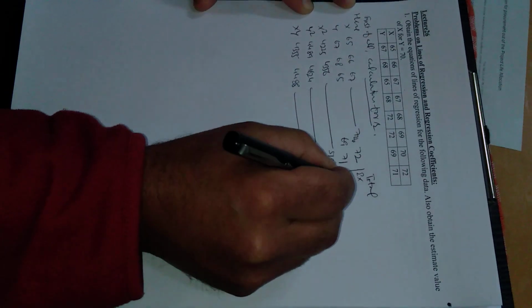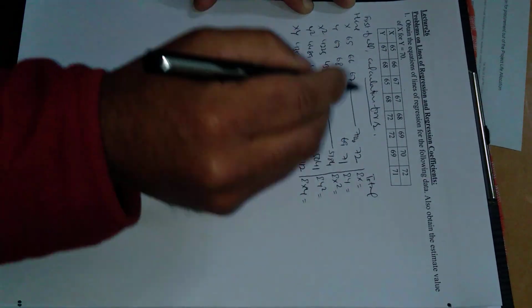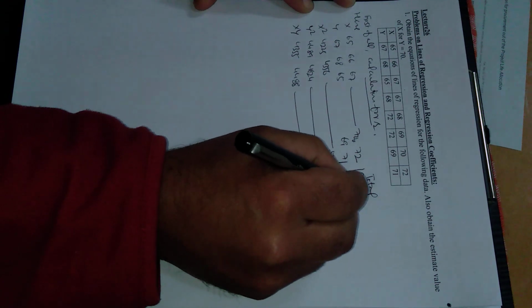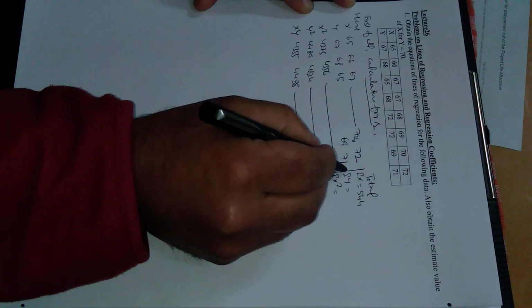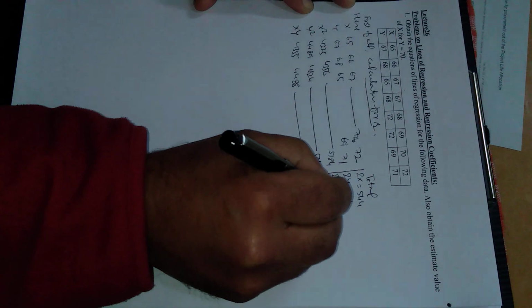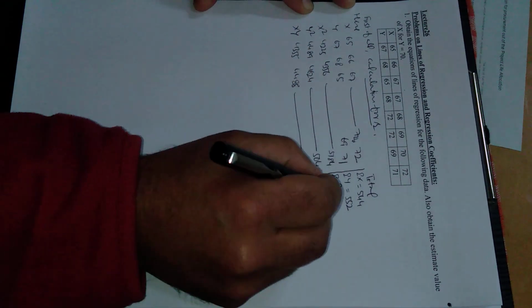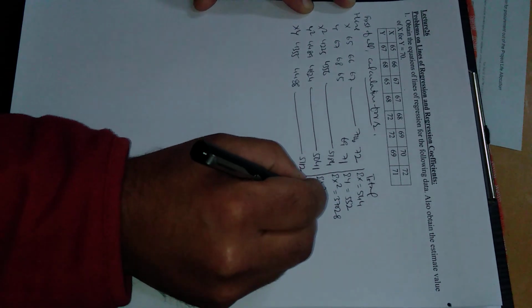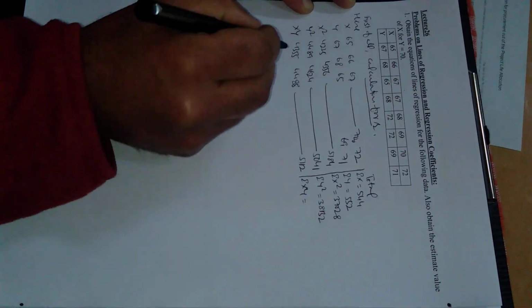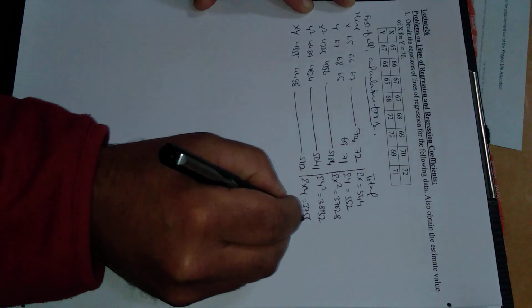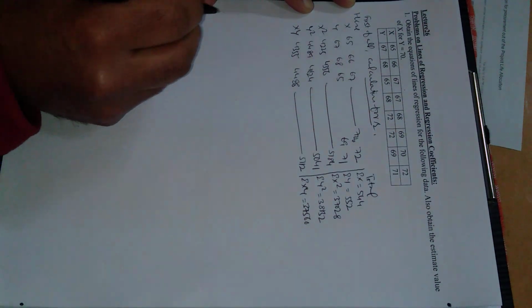Alright, adding all of these, we will get summation x is 544, summation y is 552, summation x square is 37028, summation y square is 38132, and summation xy is 37560.